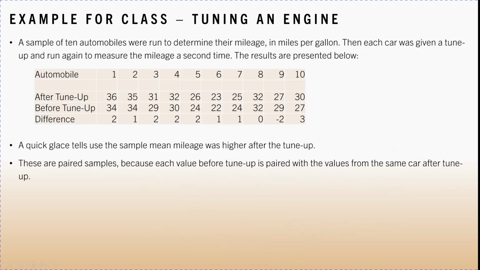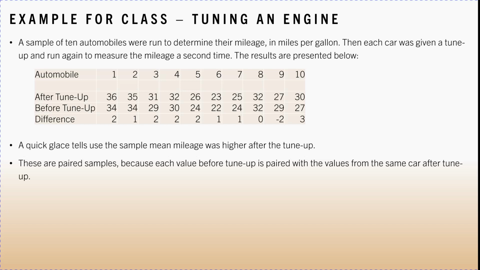Here's an example we'll work with. We have a sample of 10 automobiles, so that's our sample size. You can see the first car all the way down to the 10th car. They were run to determine their mileage in miles per gallon. Each car was given a tune-up and run again to measure their miles per gallon a second time.